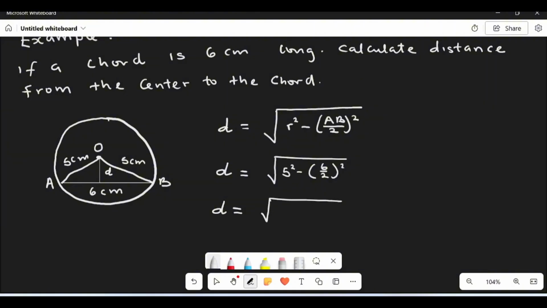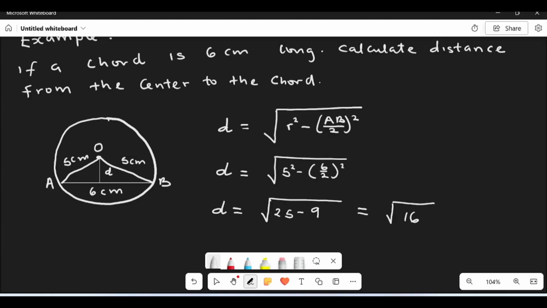D equal to square root of 5 squared is 25, minus 6 over 2 will give us 3, and 3 raised to power 2 will give us 9. 25 minus 9 is 16, so equal to root 16.